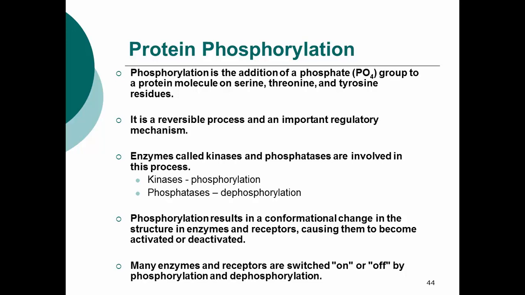It's just one of the actual mechanisms for regulating enzyme activities. There are multiple different mechanisms by which protein activity can be regulated, but phosphorylation is the most common mechanism for regulation of enzyme activities.